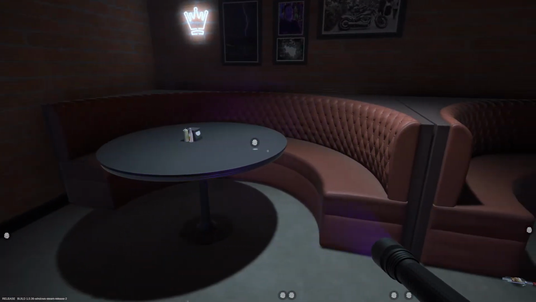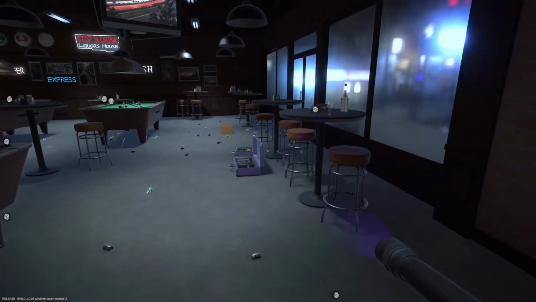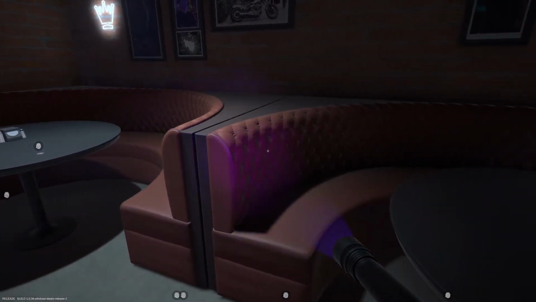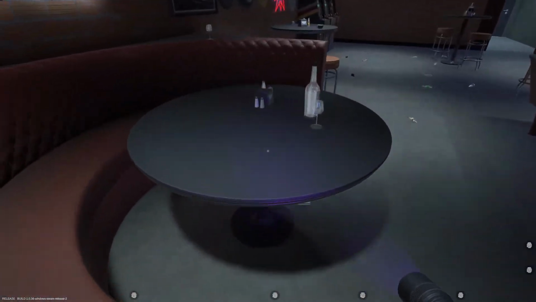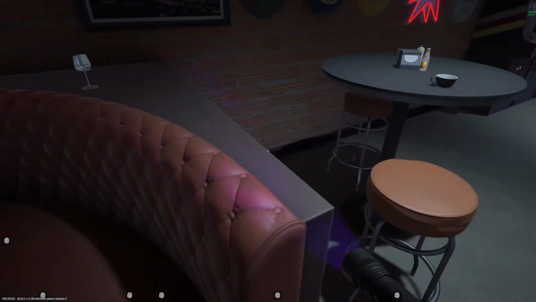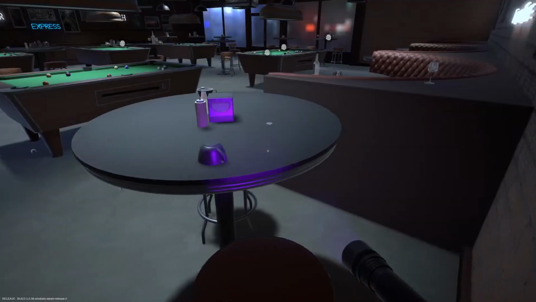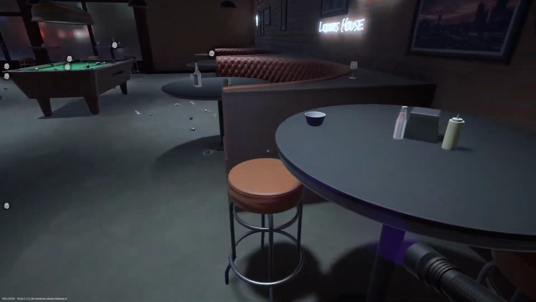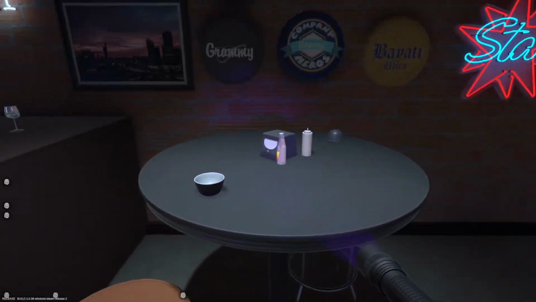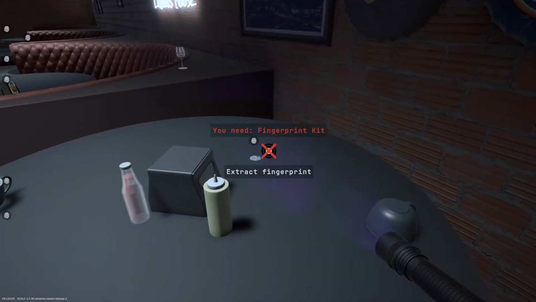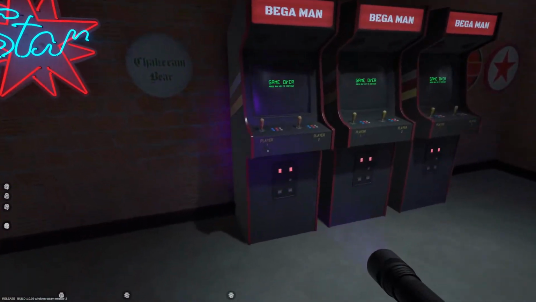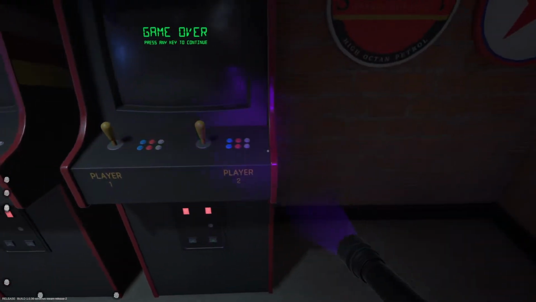Wait. Did they redecorate this place? I feel like these half booths were not there before. I think they remodeled a little bit. Alright, got another fingerprint there. Can't quite get to it. There we go. Alright, anyone playing any games?